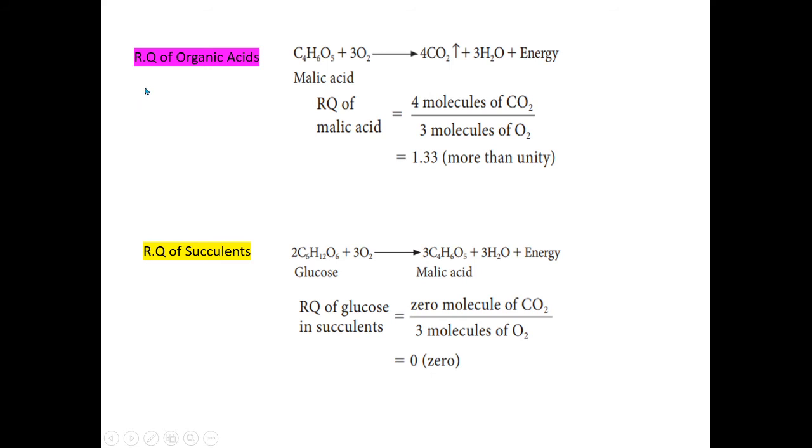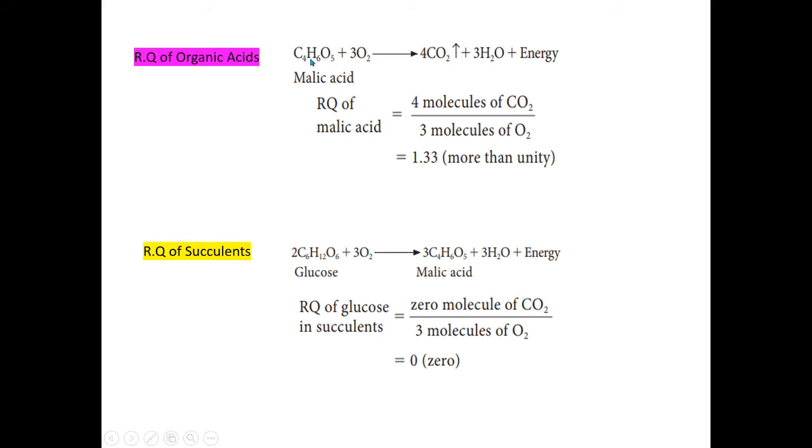The RQ value of organic acids. See, here organic acids have more oxygen content than other substrates. So they require very little oxygen for the oxidation, and liberated carbon dioxides are more than absorbed oxygen molecules.